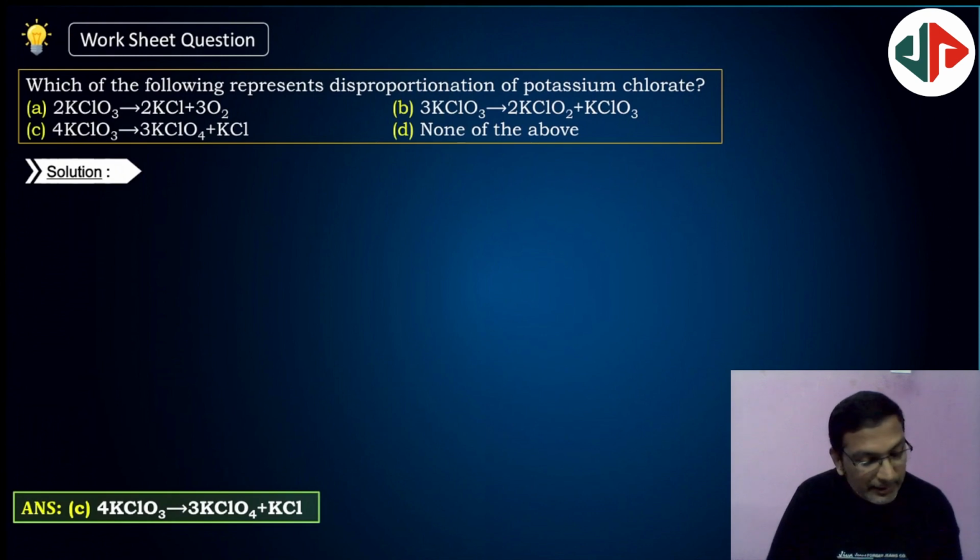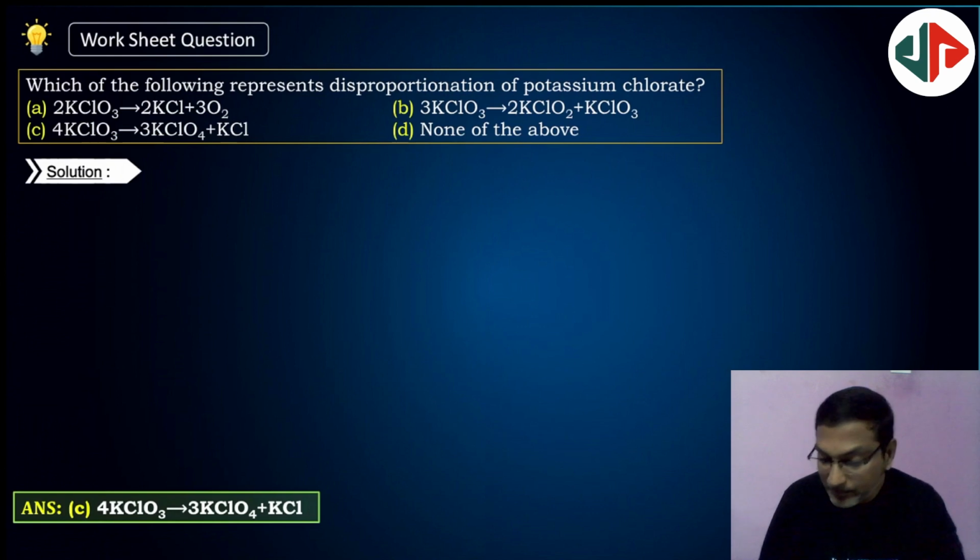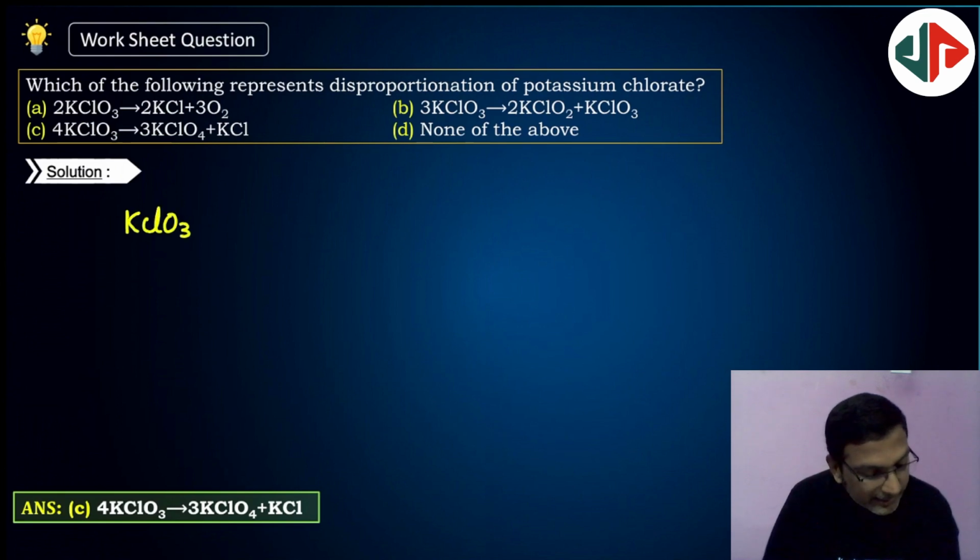So which of the following represents disproportionation of potassium chlorate? Check here. Disproportionation means single oxidation state will be divided into, I am taking here KClO4 plus KCl.